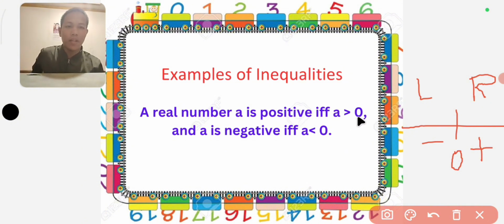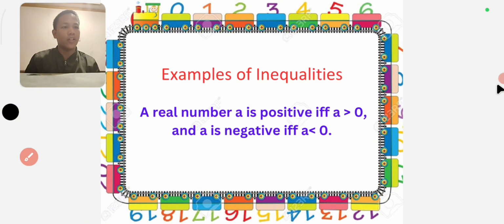At the same time, a is a negative number if and only if a is less than 0. So a is on the left side of the number line, which is a negative number. So that's all.